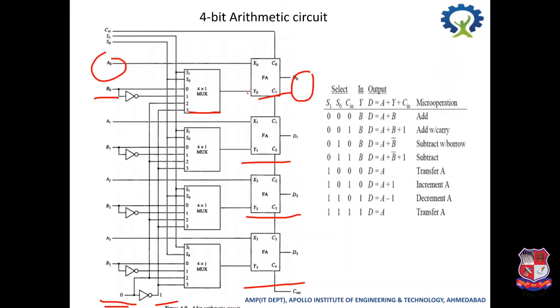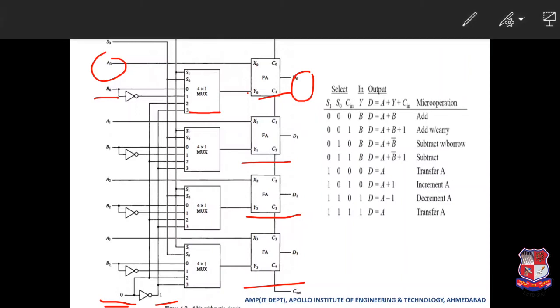Now in this table we will see all the operations. First, here the S1 and S0 selection lines are both 0 0, and our carry input is also 0.